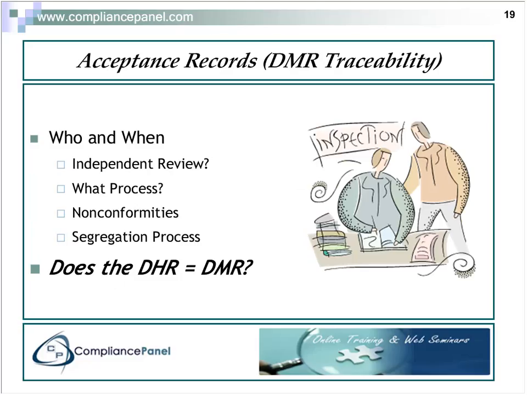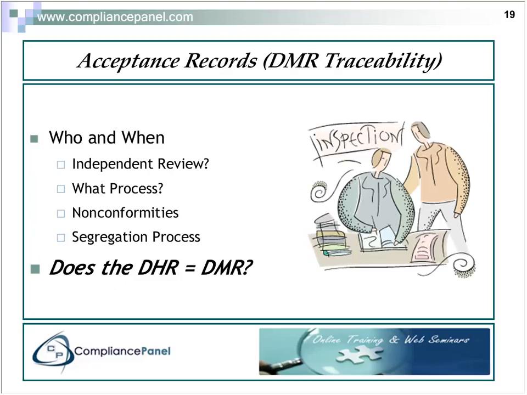Who and when were these devices released for distribution? Was it an independent review? In most organizations, if you're big enough, if you're not just a little mom and pop shop that's putting together something small in the garage or in the basement of their house, you need to have an independent review at the end of the line so that the manufacturing personnel aren't reviewing their own work and sending it out the door.